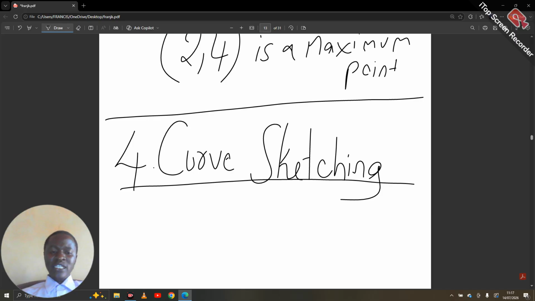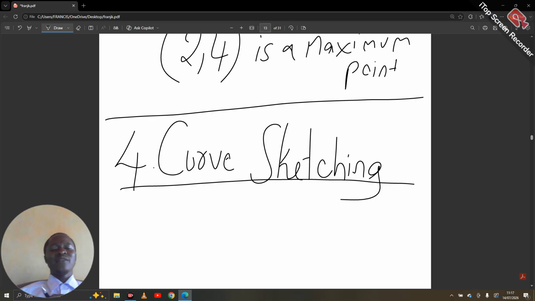So what is curve sketching? This is the drawing of a curve using the points of stationary obtained only after determining whether they are minimum, maximum, or inflection. In short, that is only after determining their nature.